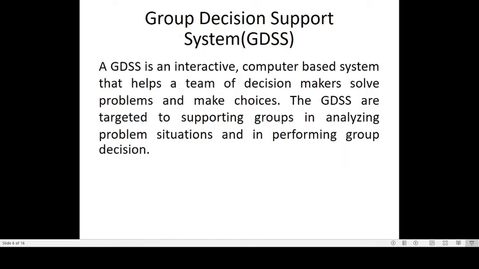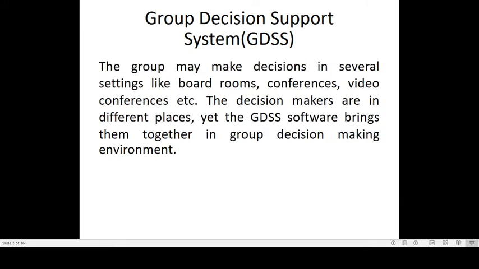A group decision support system is an interactive computer based system that helps a team of decision makers solve problems and make choices. The group decision support systems are targeted to supporting groups in analyzing problem situations and in performing group decisions.